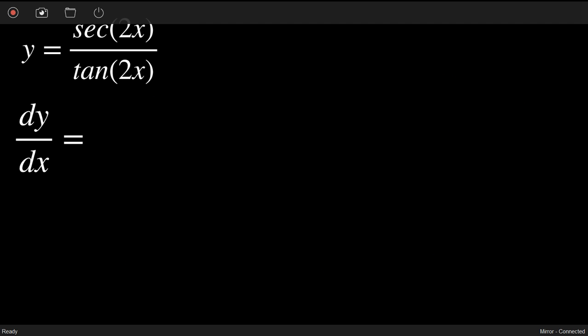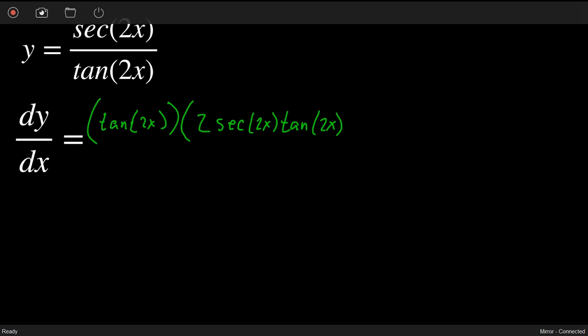All right, next problem, we're going to be applying quotient rule. So quotient rule is going to give us bottom times the derivative of the top, which will be secant 2x tangent 2x times the derivative of 2x, which is 2.